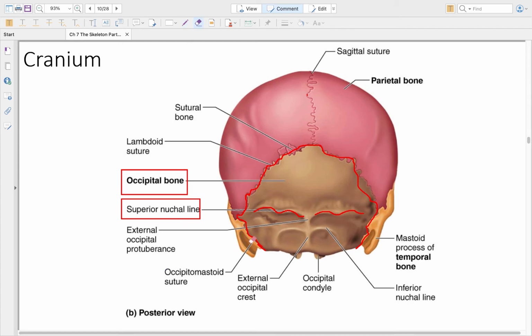Now you can also see the occipital condyle. A condyle is kind of like a protrusion or a notch. There's two, one right here and one here, which connect to your C1 in the vertebral column.